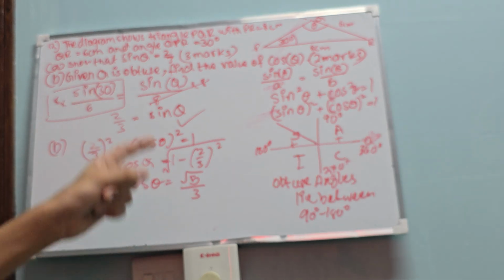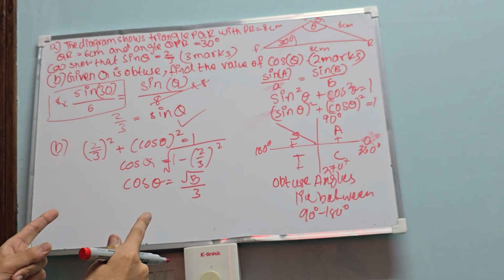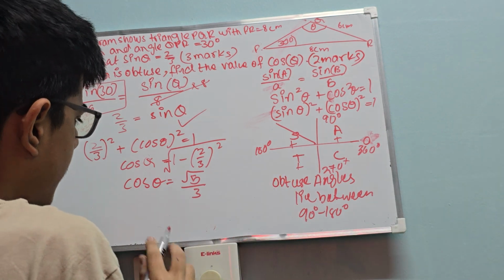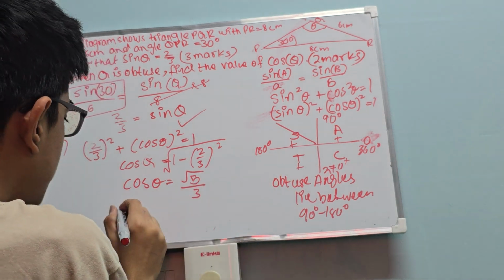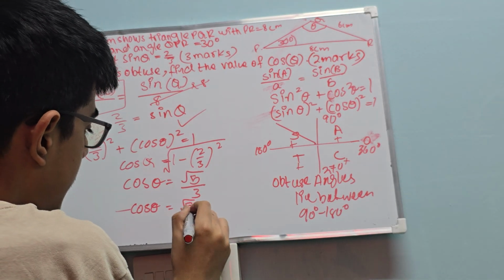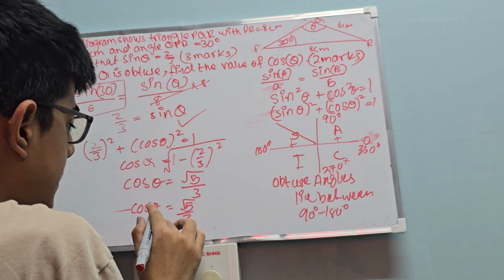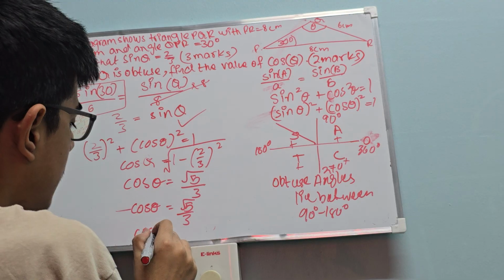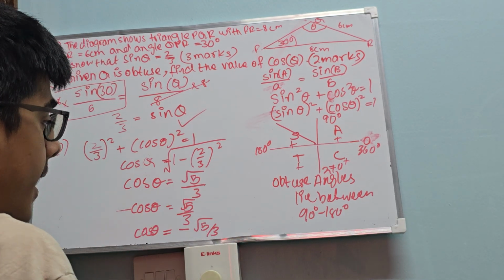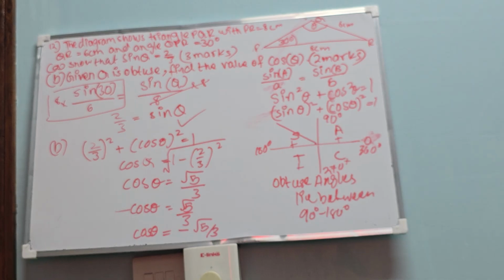Since it is lying in the second quadrant, the cosine will be negative. So if it is negative, it is going to be minus cos theta is equal to root 5 over 3. Now take this negative to the other side: cos theta is minus root 5 over 3. And that's our final answer. Hope you understood it. Alright.